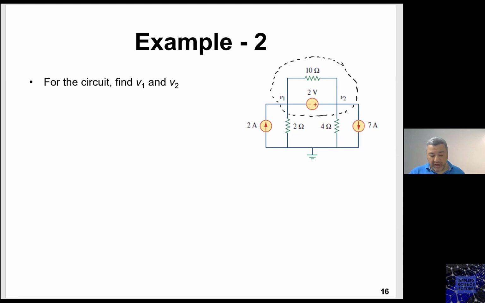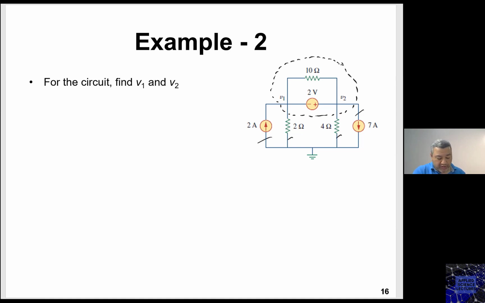So when I write the supernode here, let me do that very quick in the remaining 2 minutes. If I want to write the supernode here, what do I do? I have two resistors, four branches in total, two resistors and two currents.